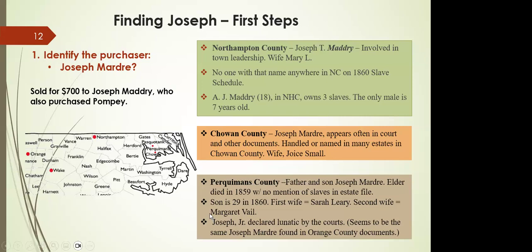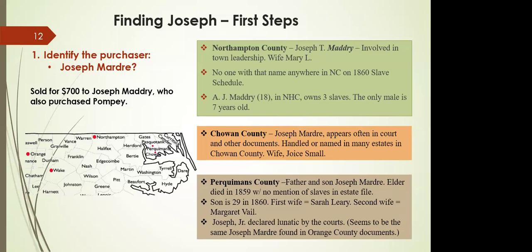So I studied all of these men quite exhaustively and never found any mention of any purchase of any slaves from the Blunt estate, except one document that I'll show you soon that suggested that they may not have had Joseph in their estate.